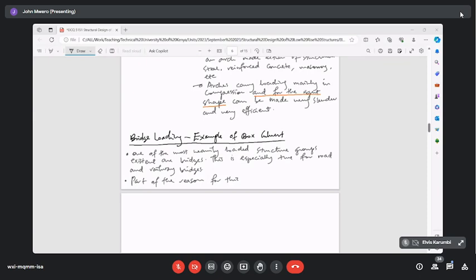And part of the reason for this is the obvious heavy vehicles that they carry, and part of it is the extreme spans characterizing some of the bridges.